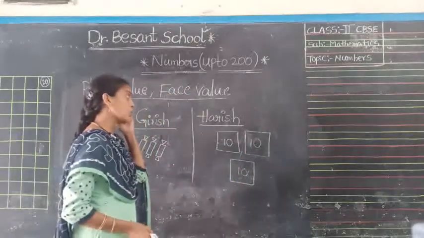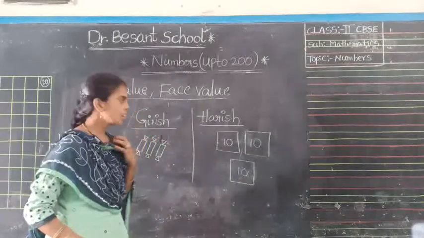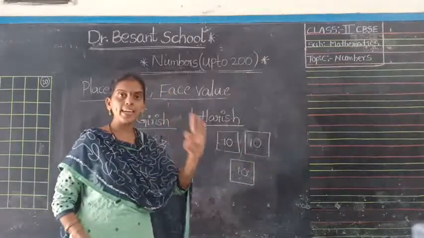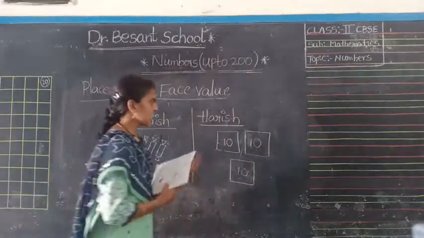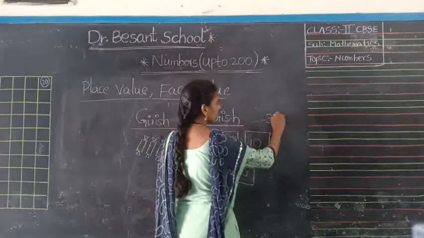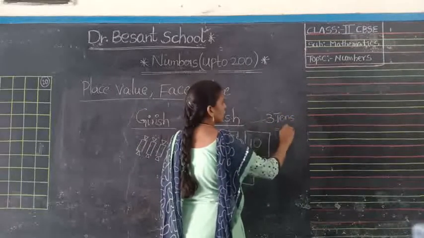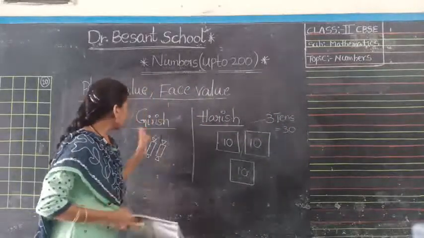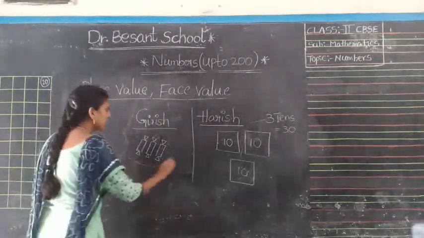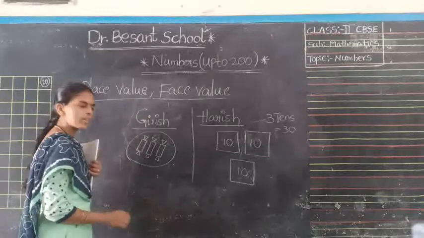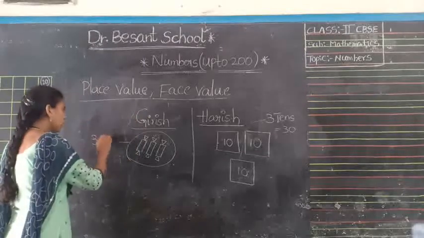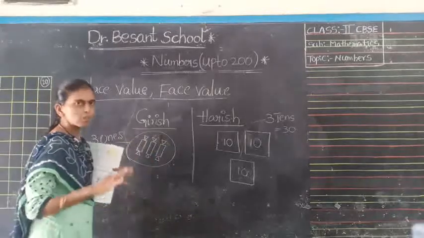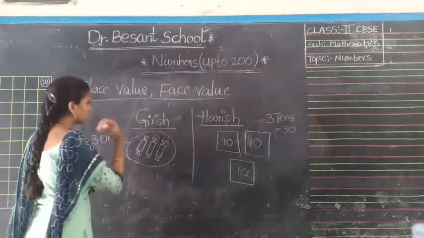That means Harish buys how many chocolates, children? 3 tens. 1, 2, 3. 3 tens of chocolates he buys. 3 tens means how much? 30. 3 tens means 30. Whereas Girish bought only 3 chocolates, means 3 ones. Is there any tens here to count? No, only 3 chocolates he buys.